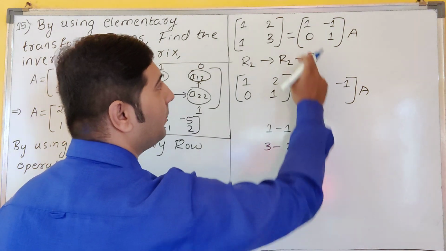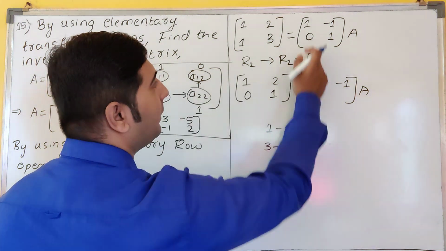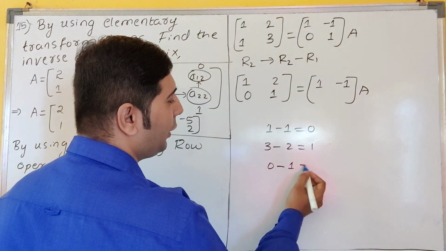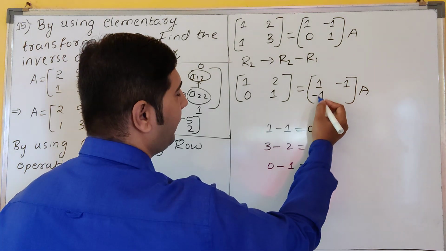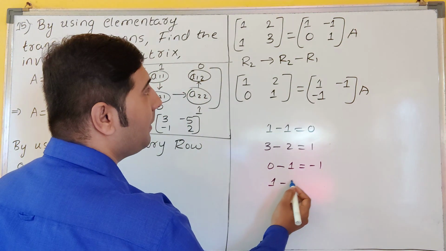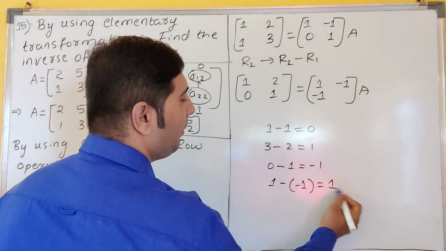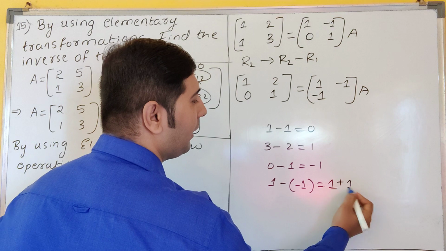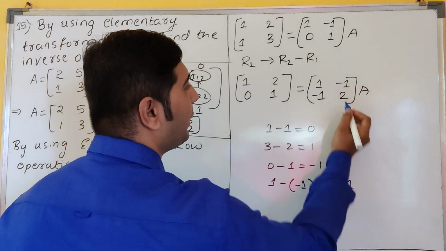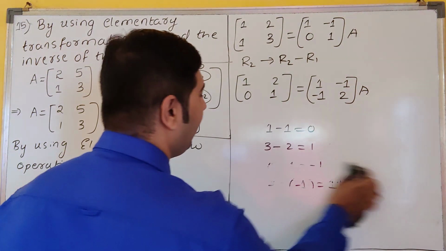Next, R2 is 0 minus R1 which is 1. 0 minus 1 is minus 1. We got minus 1. R2 is 1, minus R1 which is minus 1. Minus into minus is plus 1. 1 plus 1 is 2, dear students. Clear? Everyone, so I will erase this.